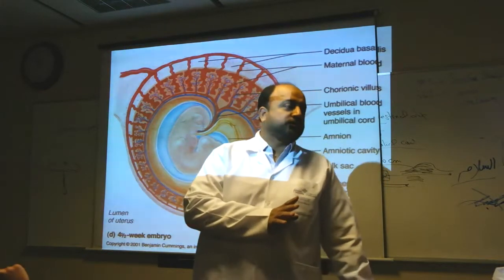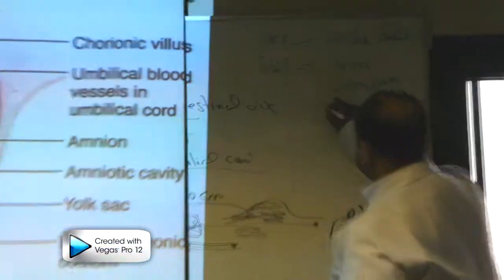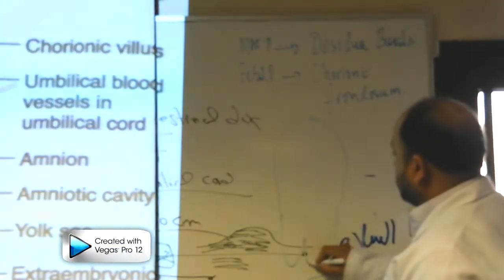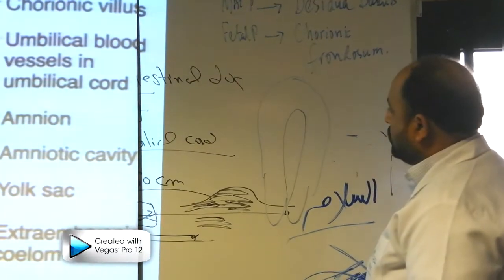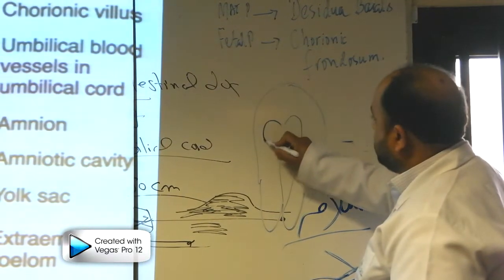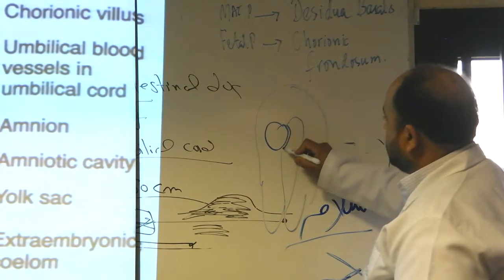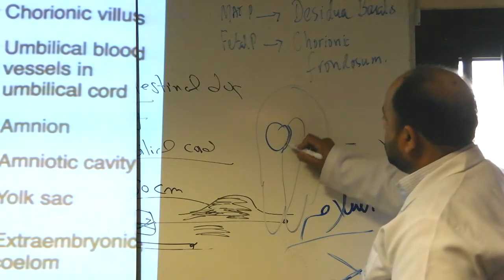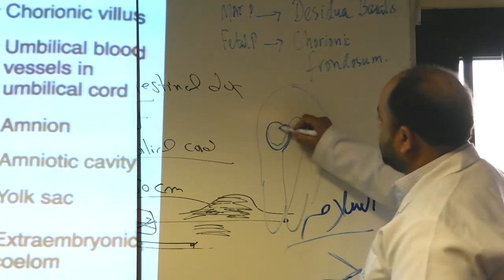Okay, so the parts of decidua: this is the uterus. Okay, this is the uterine cavity. Okay, and here is the implanted embryo. Okay, and here you can see this portion with the plug, and this is the placenta and villi.